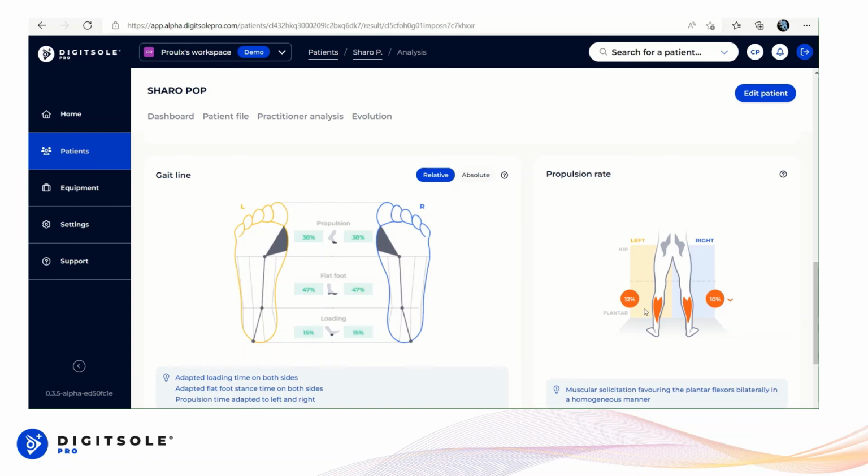So we see that there's a percentage here and there's a coloration. So we see no coloration in the hip flexors, but we do see red coloration, and we see a 12%. So there's a lack of balance between the hip flexors and the plantar flexors, with an emphasis on the plantar flexors actually bilaterally in the right and the left.